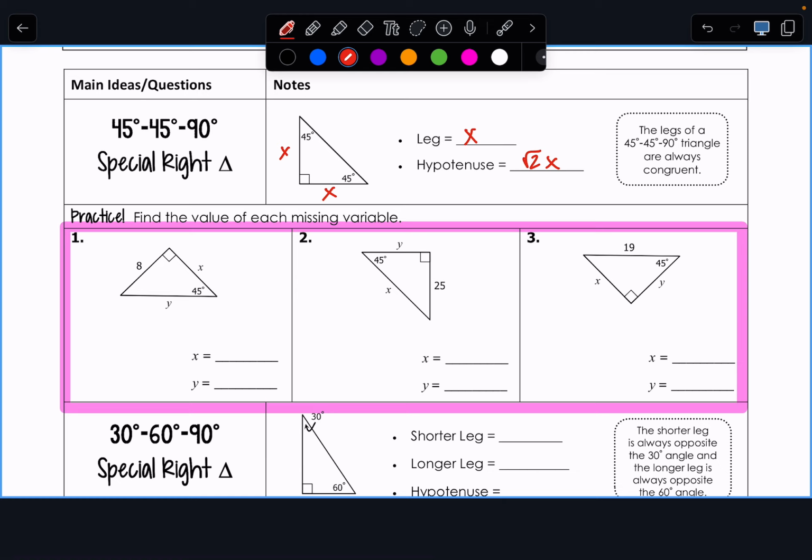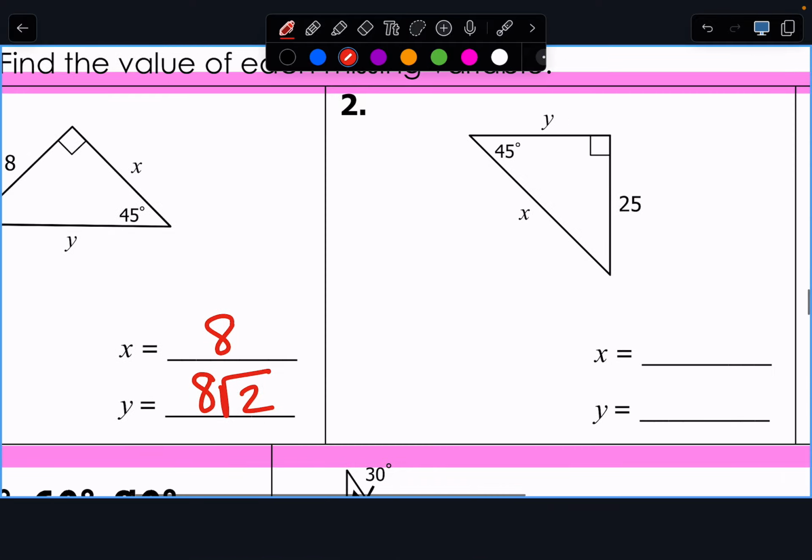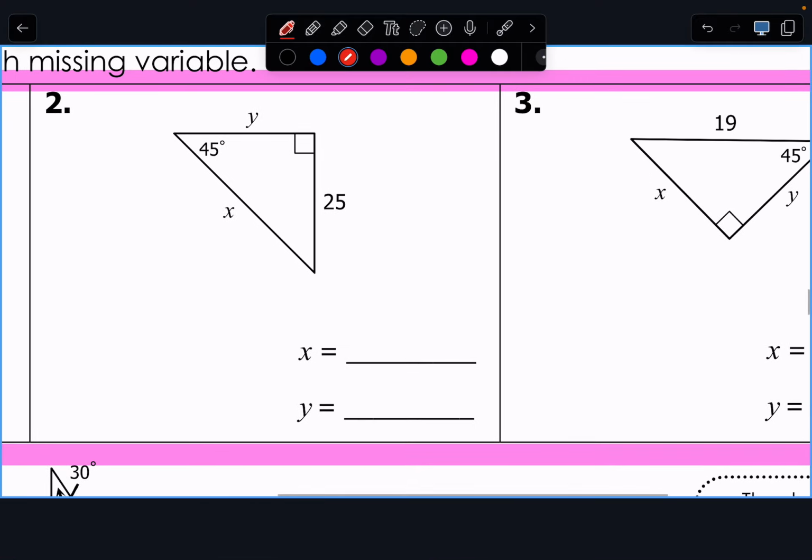Positive mode. Yeah. Okay. Conway, can you share with me the answers you have for number 1? 8 and 8 radical 2. Does anybody disagree with Conway? Okay. Chase, can you share with me your answers to number 2? Anybody disagree with Chase? That's fine.